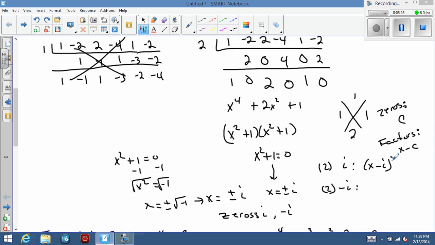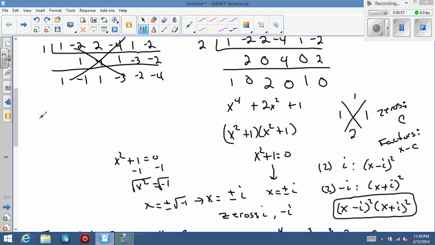Because I have 2 of them, I'm going to put an exponent of 2. And for negative i, that is x minus negative i, but minus a negative makes it plus i. And again, I have 2 of those, and so I will square that. So my factors are x minus i squared times x plus i squared. And that would be the complete factored form of our polynomial.